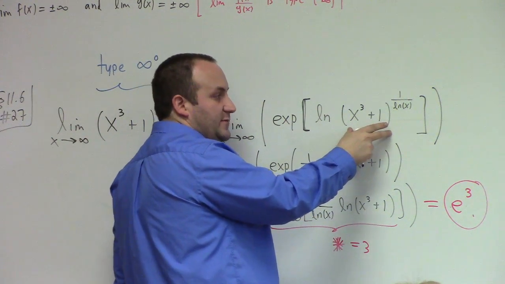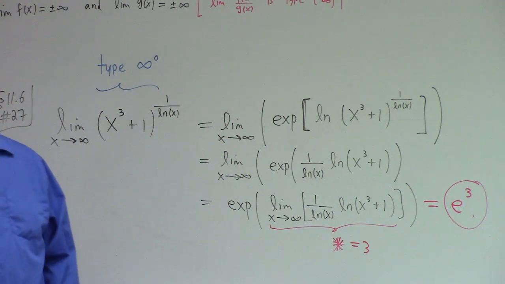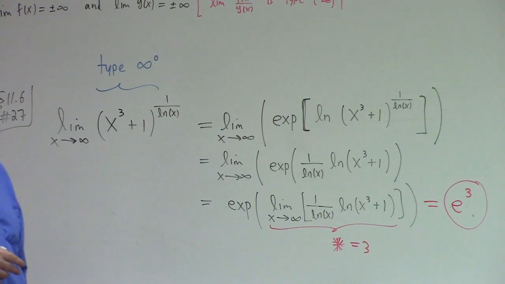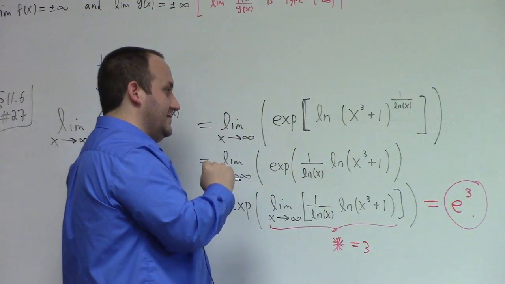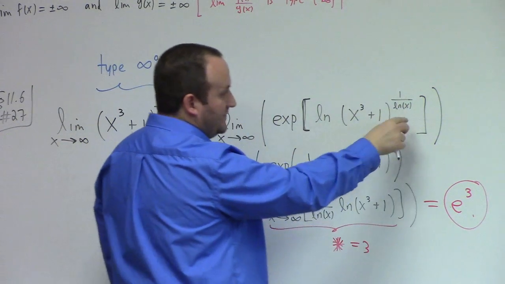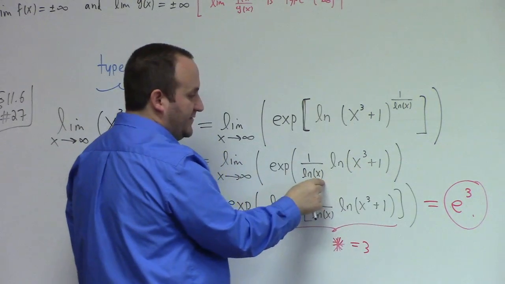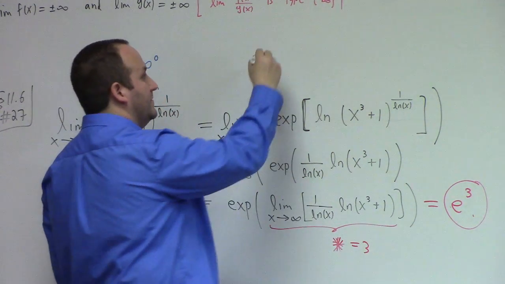Is x cubed plus 1 to the 1 over natural log of x a positive quantity for x greater than 0? Yeah, for sure it is. So I can do this. And then that entitles me to the rights and privileges thereof, in particular, properties of logs. So I can pull the 1 over natural log out of the log by one of the properties of the logarithm, right?